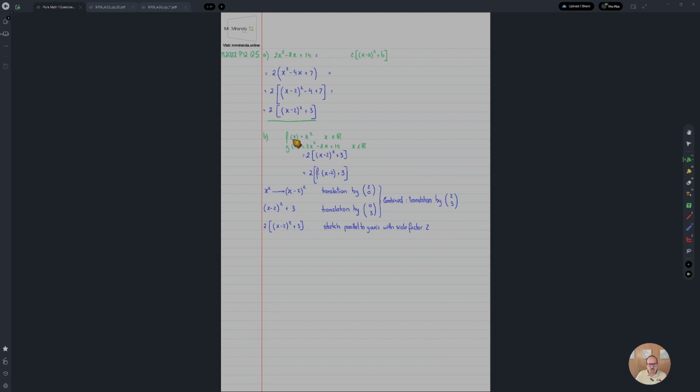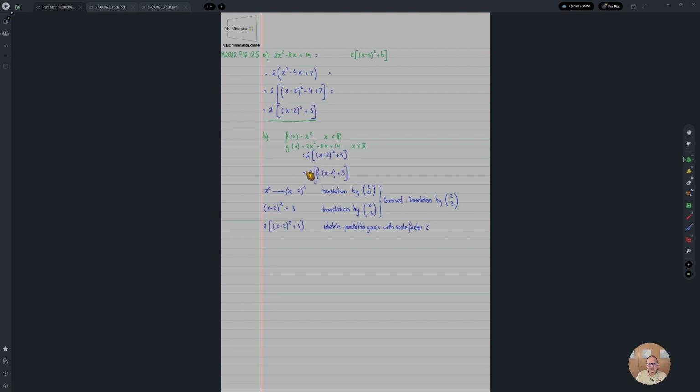Again, don't forget what f is. f is x squared. So what you have here is not x, this is x minus 2 squared. So basically f of x minus 2 plus 3, the whole thing times 2, right?